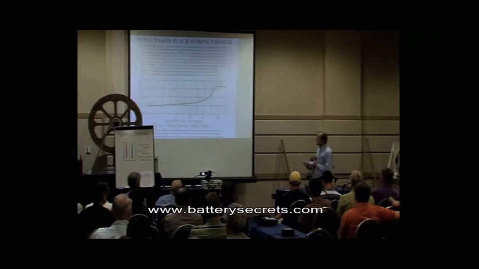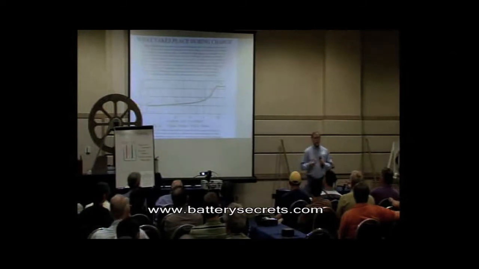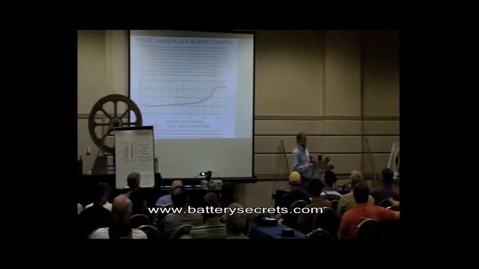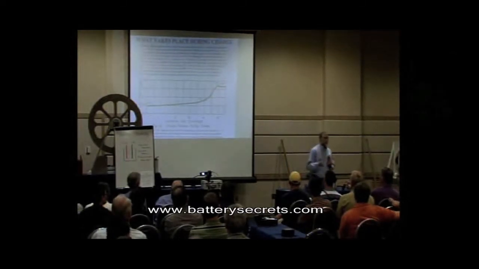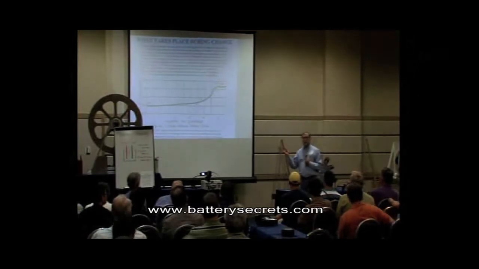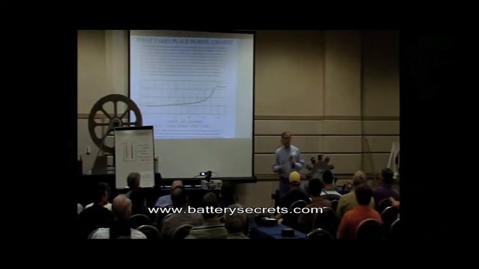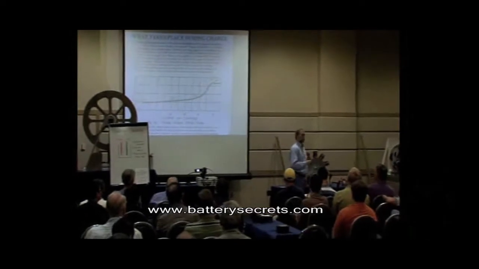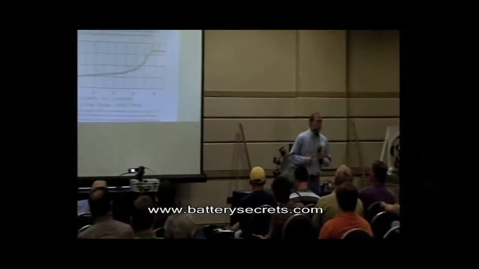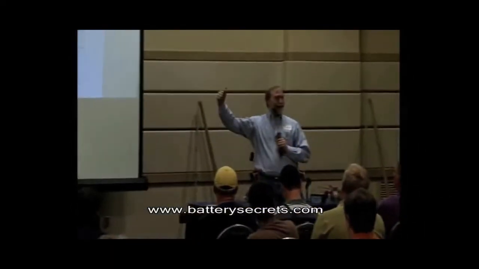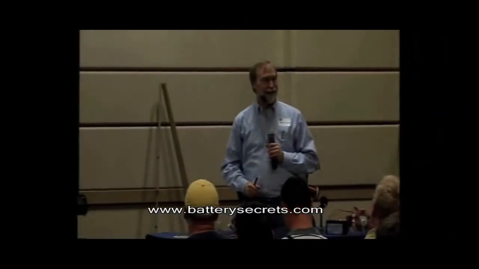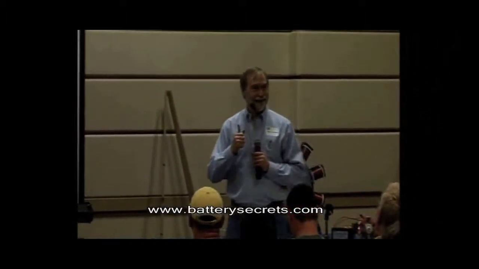Okay, so what we found is that if you just take a battery that has all these problems, multiple layers of sulfate in the plates, and you just charge it up once, it doesn't do it.